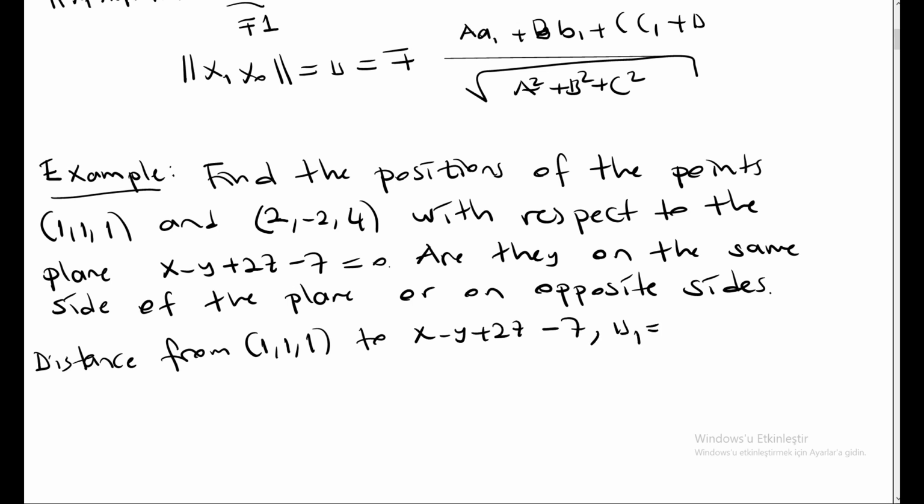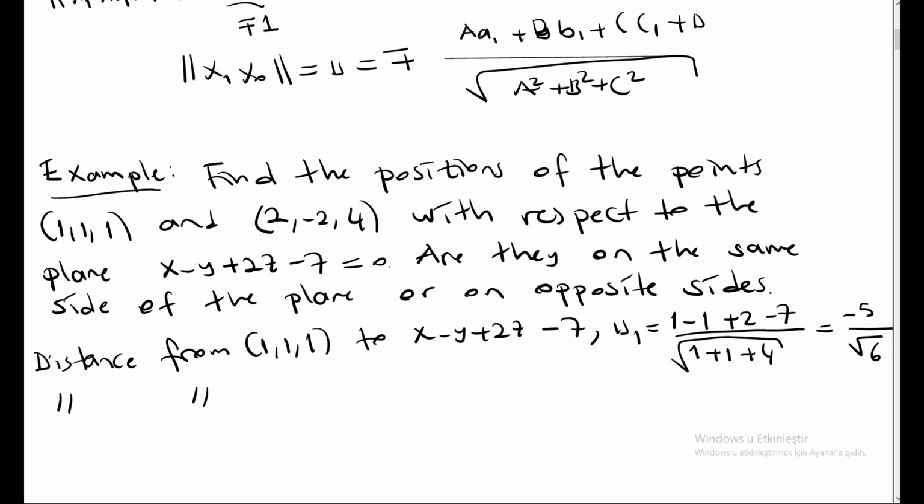If you put this value here, 1 minus 1 plus 2 minus 7 over the square root of 1 plus 1 plus 4, so you have negative 5 over square root 6. So this is the opposite side.